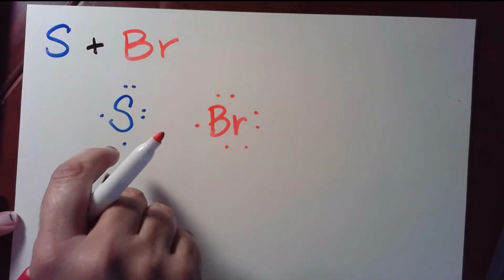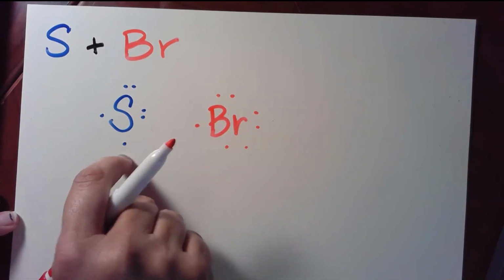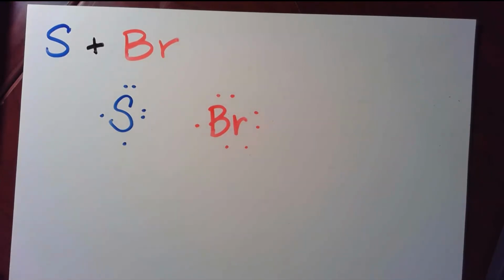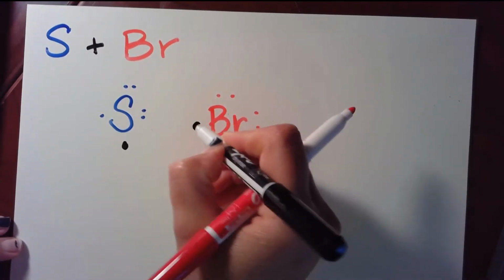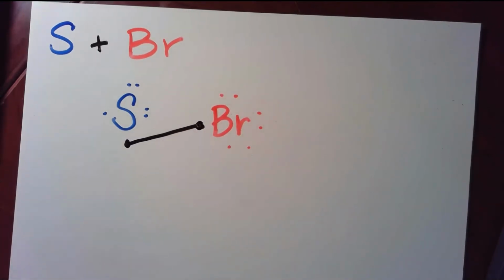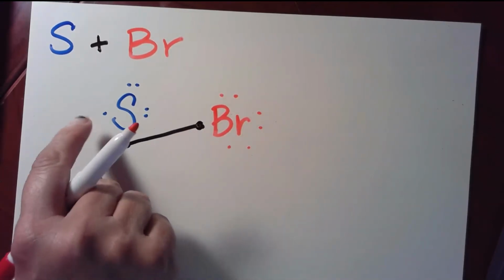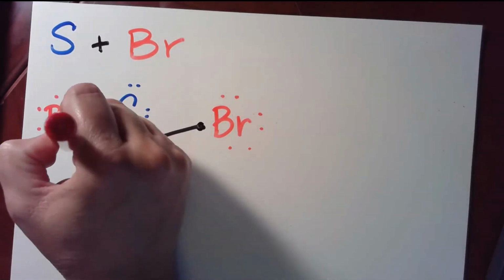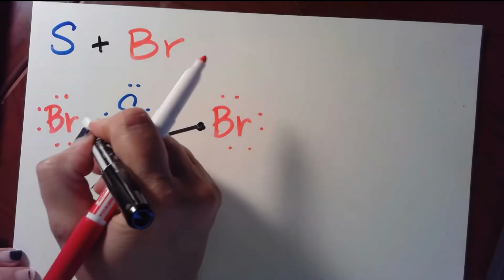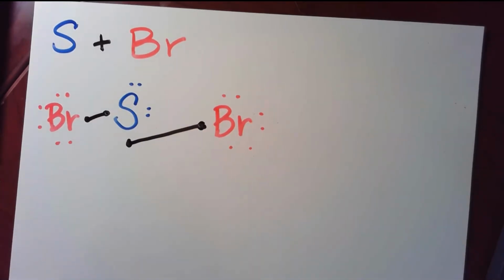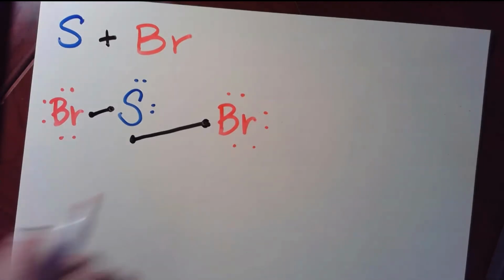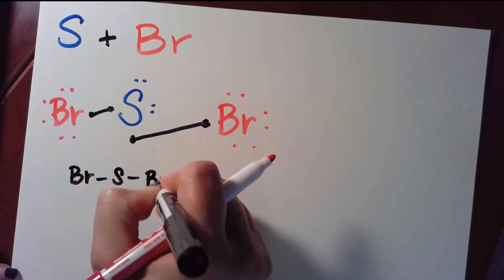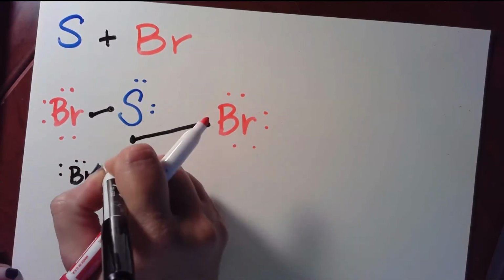All right, so as we know, if this has 6 dots, it needs 2 more. If this has 7, it needs 1 more. So we're going to share where we can. Those two want to share, which means now we need another Br so that the S is satisfied. 1, 2, 3, 4, 5, 6, 7. Bring my dots close to each other. And now we have, basically in the end, it looks like Br bonded to S bonded to Br, which is really similar to what water looks like.